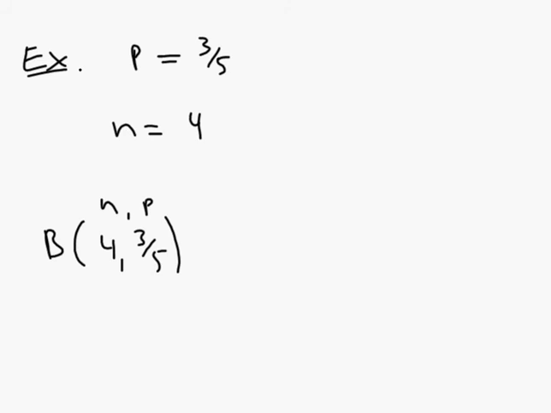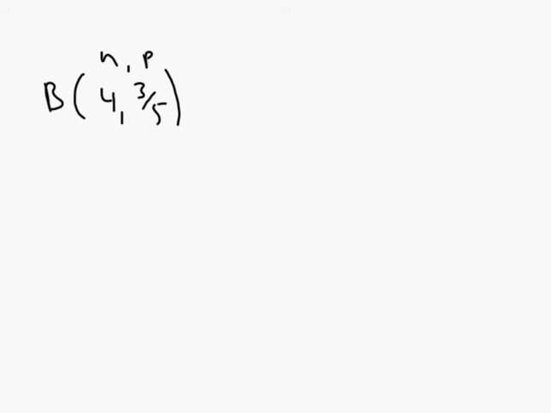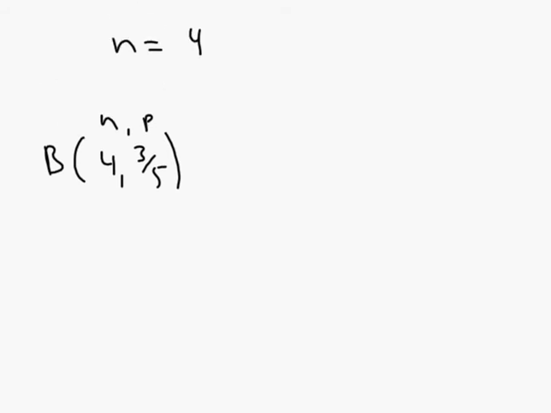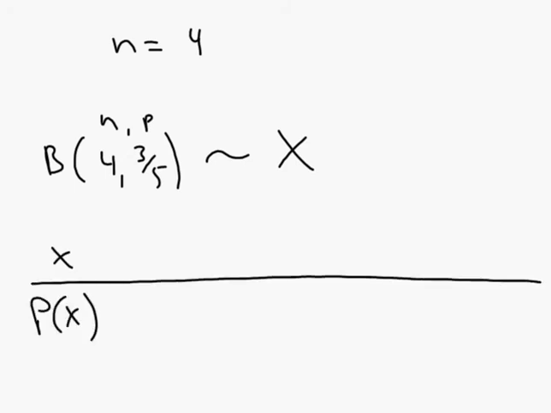So I can ask all kinds of questions. What I'm going to do, though, is create the probability distribution for this variable X. We usually write binomial, the n and the p, and then a little squiggly line, X, so X is approximately binomial. We put X, probability of X, and let's talk about what's possible in terms of values for X. Well, if I'm going to shoot this ball 4 times, it's possible I could get none of them in.